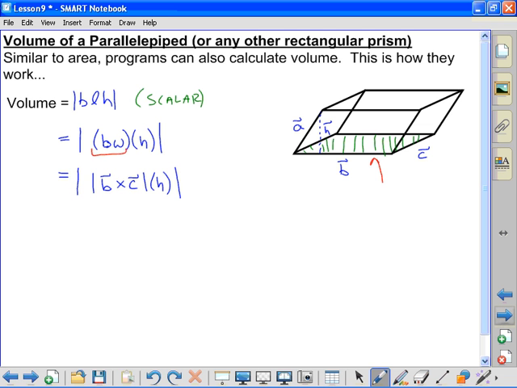Now we've got to transform this H value into a vector notation because we don't know the height per se. So we know height, or the H vector, is the y component for my A vector. So it would be the magnitude of A sine theta.